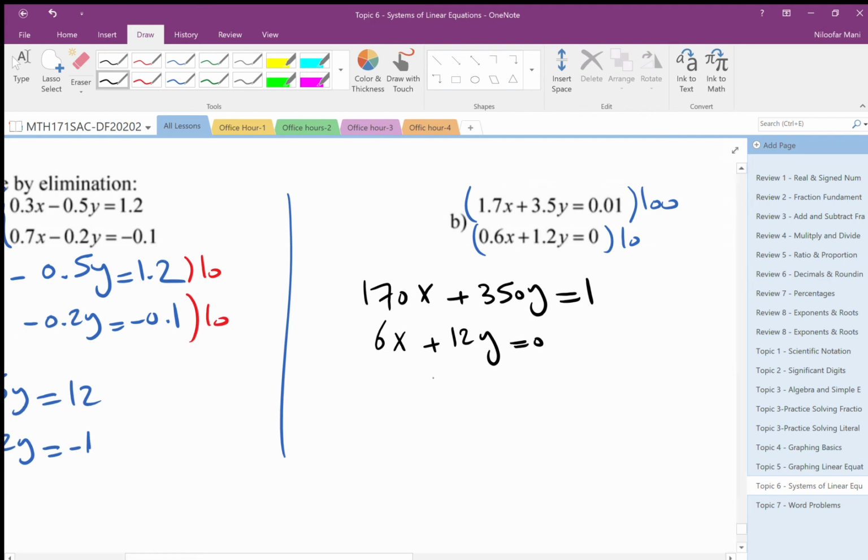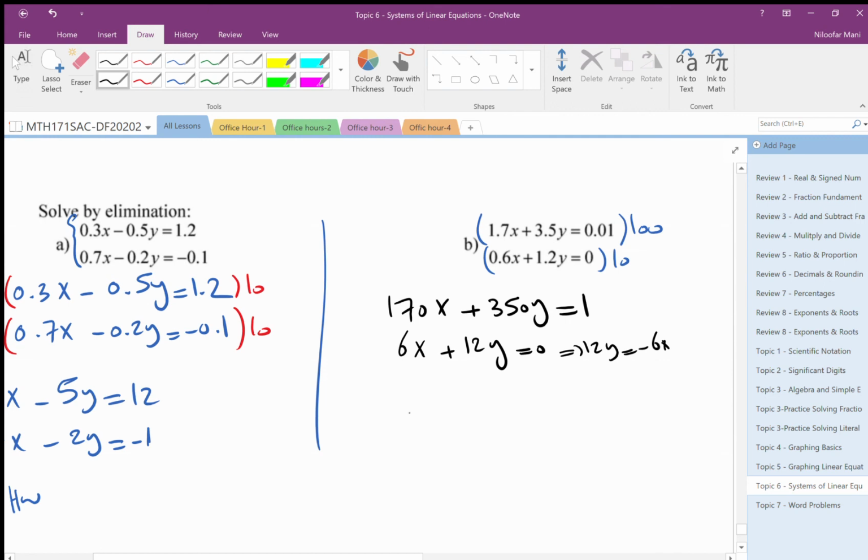So here, for example, I can say 12y is minus 6x. Maybe I write it there. So 12y is minus 6x. And then I can simplify it. So 2y is just minus x, and then I can say x is minus 2y.